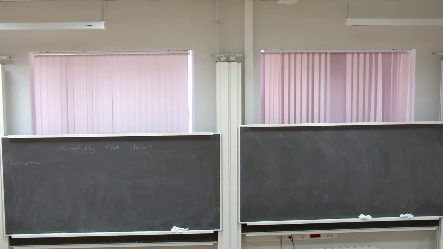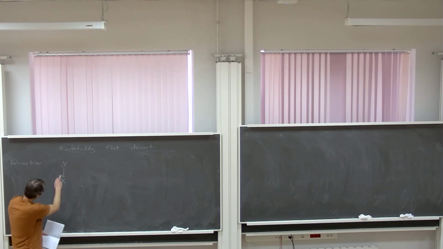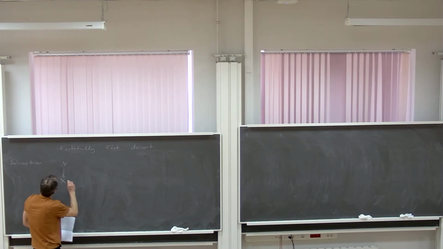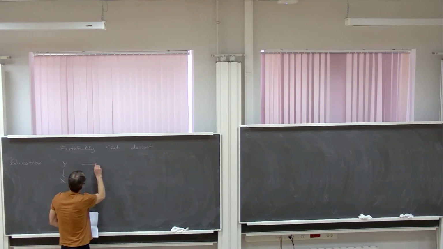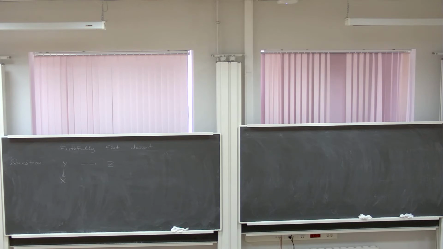So suppose we have some scheme X and a morphism from Y to X. And suppose we are also given a morphism from Y to some scheme Z. Let's call this pi, and this is phi.